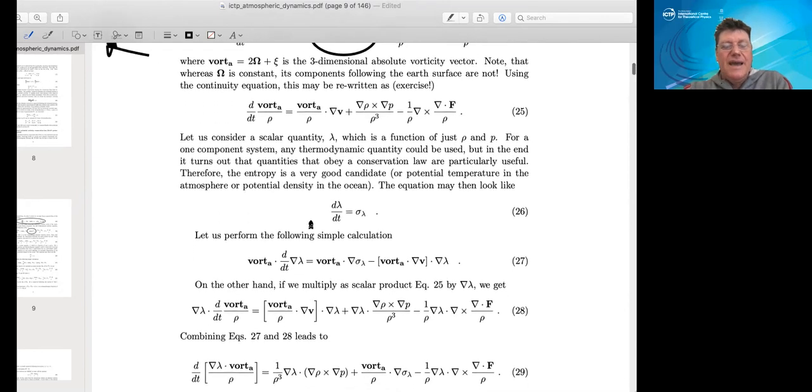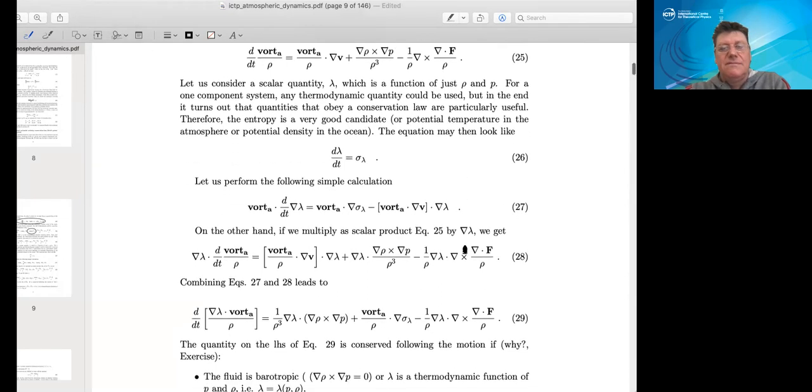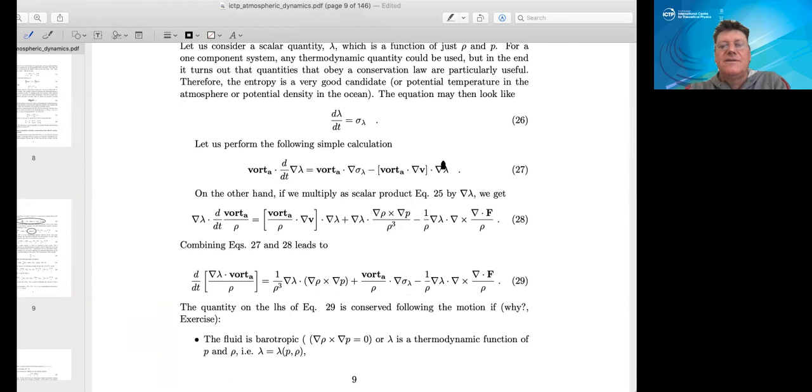Now, I remind you that it's always good to verify things in Cartesian coordinates. So one can verify very quickly in Cartesian coordinates the validity of this identity 27. So if you want to validate this, you have to do this in Cartesian coordinates. It's the easiest way to do.